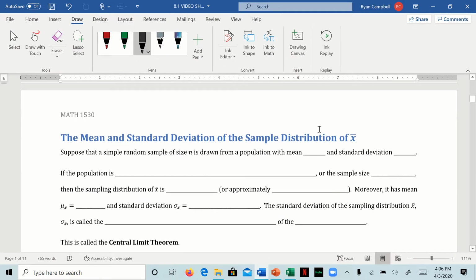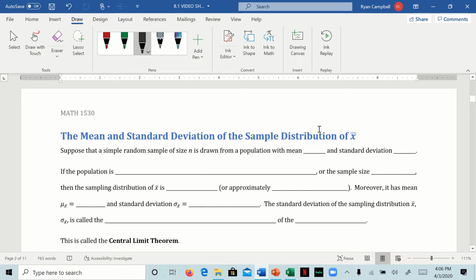So, when we have a simple random sample of size n, and it comes from a population with a mean of mu and a standard deviation of sigma, then as we already said, we can do this so long as the population is normally distributed or the sample size is greater than or equal to 30.